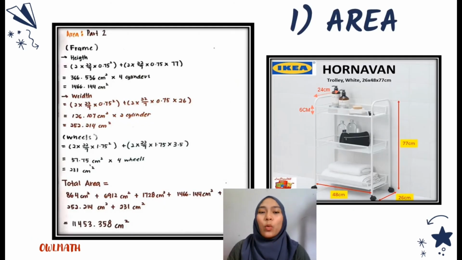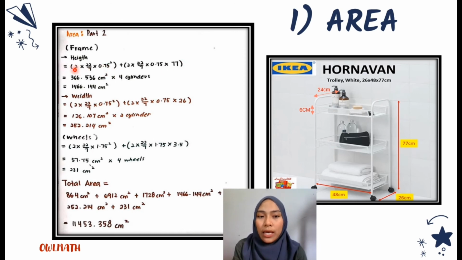Now we have to measure the area of the cylinder. The formula to measure the area of a cylinder is 2 pi r squared plus 2 pi r h. Here the r of the cylinder is 0.75 and the height is 77.